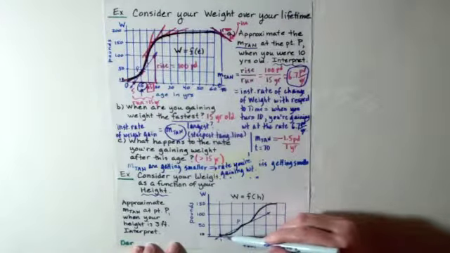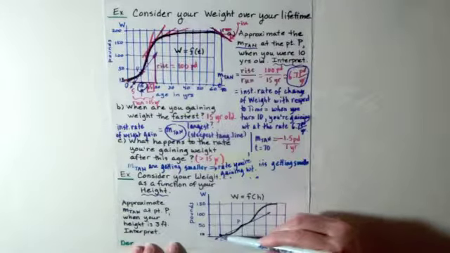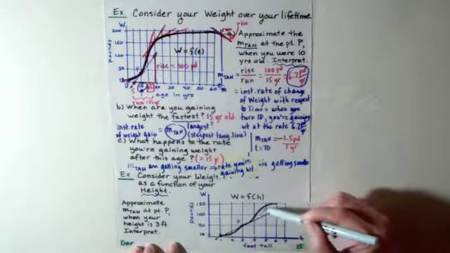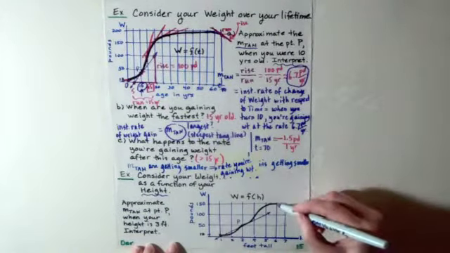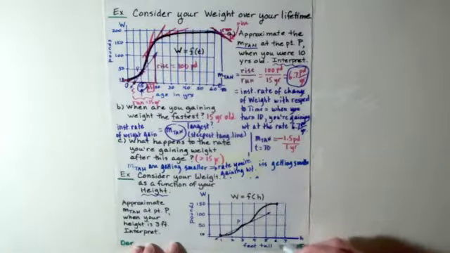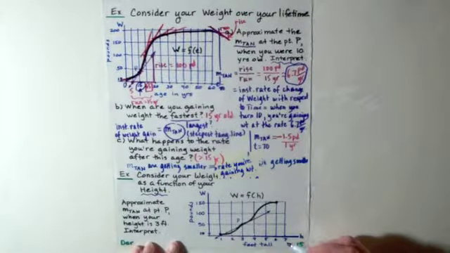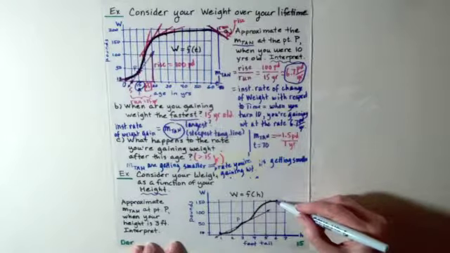And so you notice that this is always an increasing graph in this case, although you could actually lose weight even though you gain height. But for this particular person, it looks like their weight continues to go upwards as they gain height. And this graph is ending here at 6 feet tall, probably because the person grew to be 6 feet tall and then they didn't grow any taller than that.